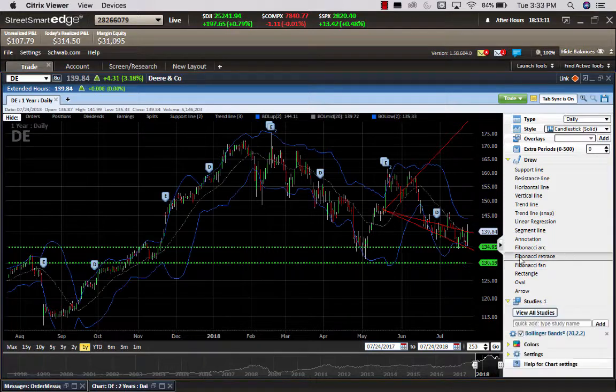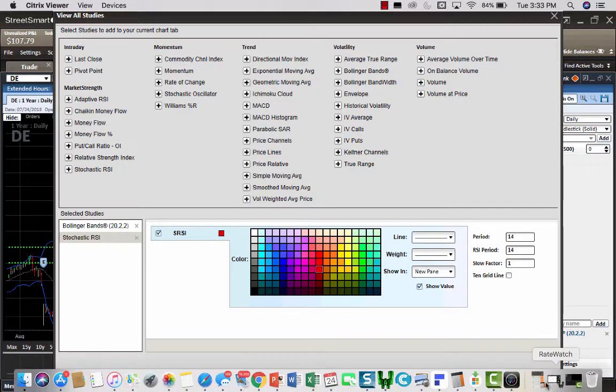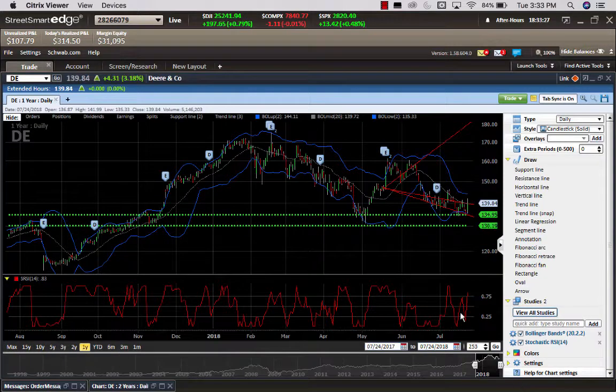The next thing that I look at is the stochastics. Let's go with the RSI, and we'll make that red, I guess. And what this shows you is typically over 80 is overbought and below 20 is oversold.